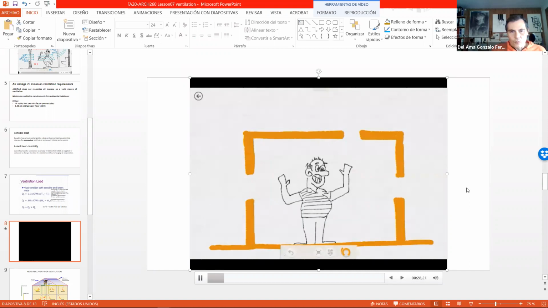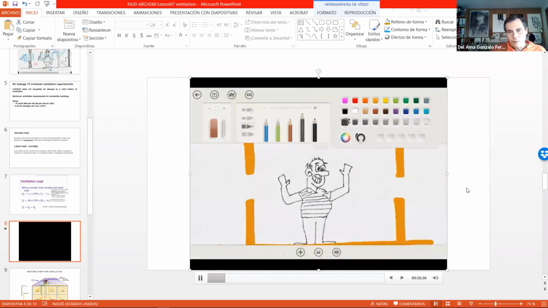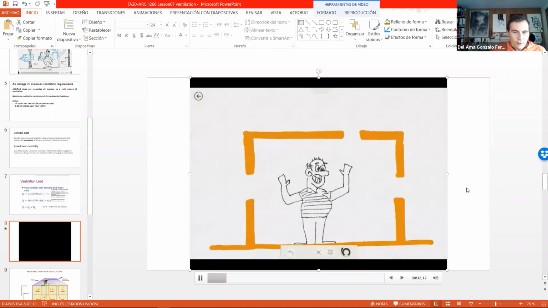We have roofs, walls, windows, floors, and we need the thermal insulation. If we have a good thermal insulation, we can reduce the thermal load through the envelope. But today we're dealing with something new, which is the ventilation load.